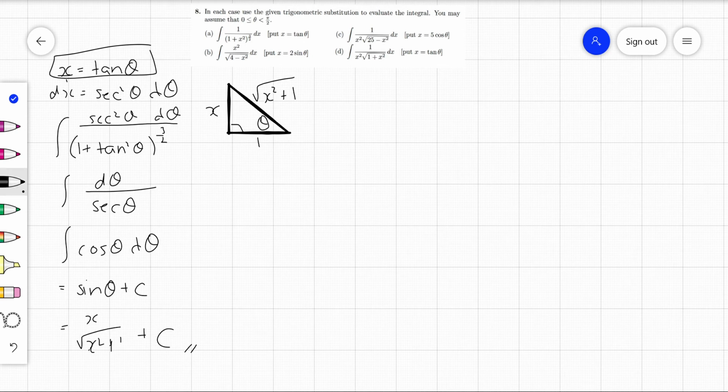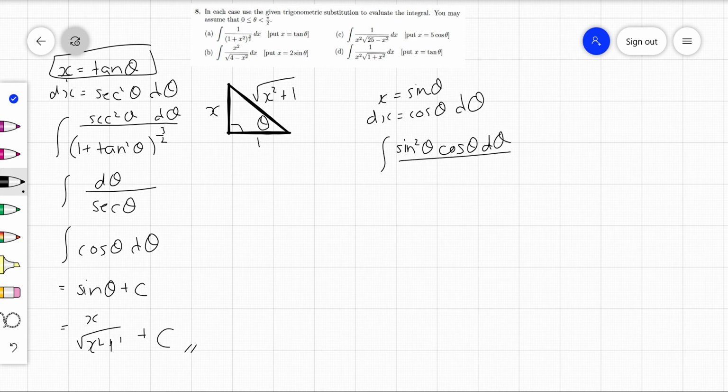So let's have a look at B. In the same way, we'll do B as well. It tells us to do x equals 2 sine theta, and dx would then be 2 cos theta d theta. Easy enough. Okay, so our integral becomes, we've got x squared at the top, so that's sine squared theta now, times dx, which is cos theta d theta, all on 4 minus.